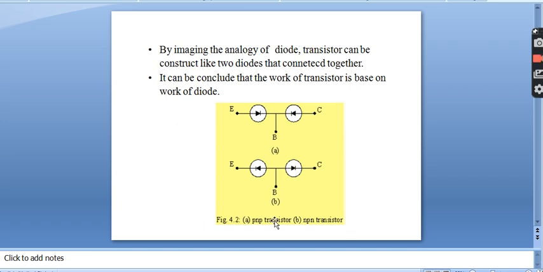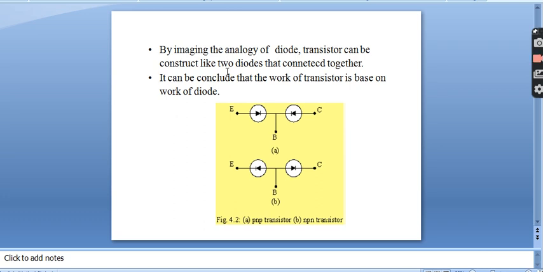Is it clear? In the case of the PNP transistor, in the back-to-back connection of the diodes, we connect the N-type layers together. In the case of the NPN transistor, we connect the anodes together. So this transistor can be constructed like two diodes connected together. Two diodes connected together form a transistor.